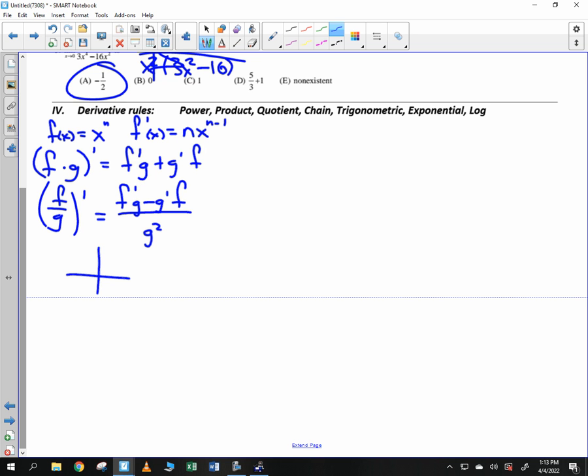How about the derivative of e to the x? Derivative of natural log of x. Derivative of arc sine. There.